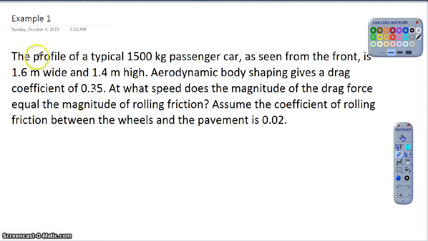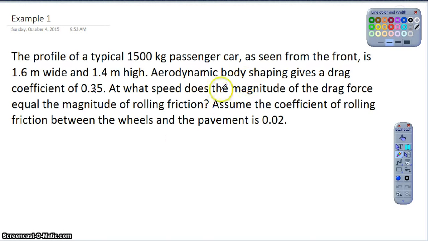Okay, so example 1 here isn't by any means very conceptually difficult. I think it is a good question, though, to introduce a couple of our newer concepts. So the first concept, obviously, is drag, which we've seen on that last slide. And then the other concept is rolling friction versus static and kinetic. And rolling friction is exactly what it sounds like.